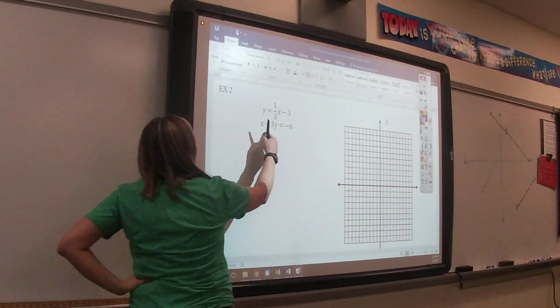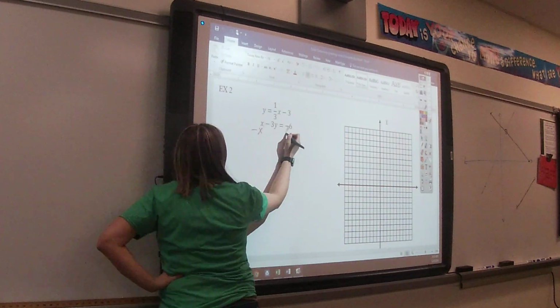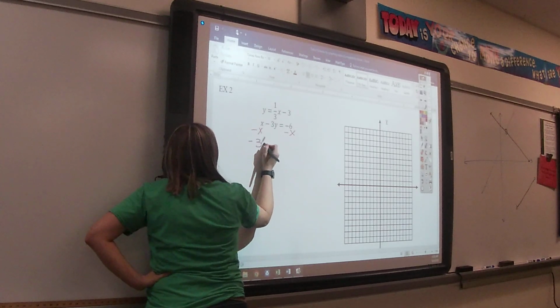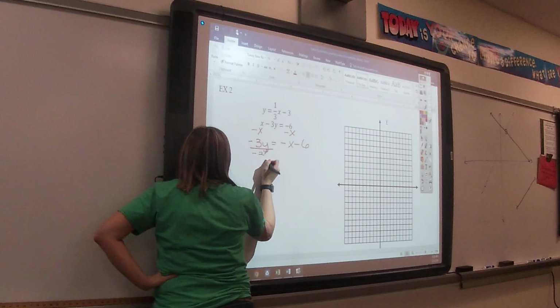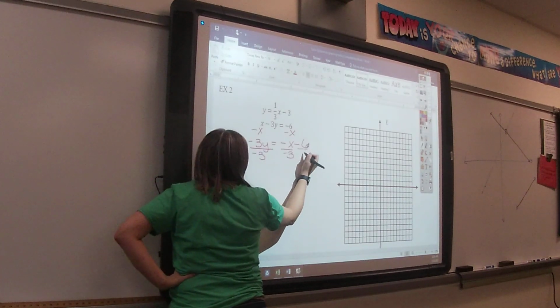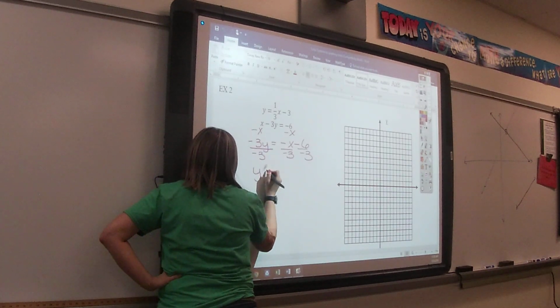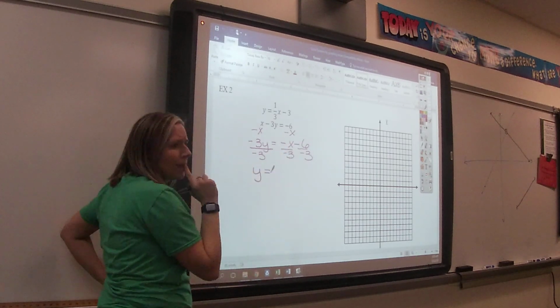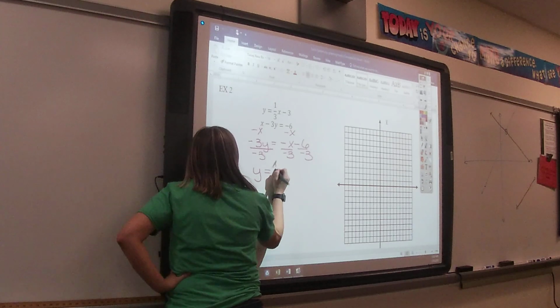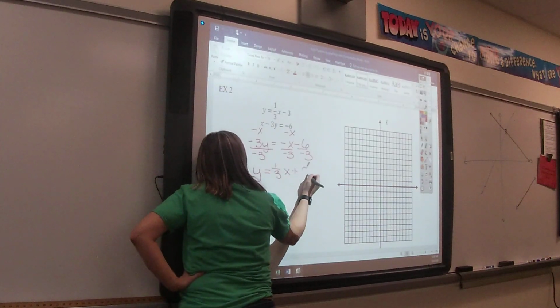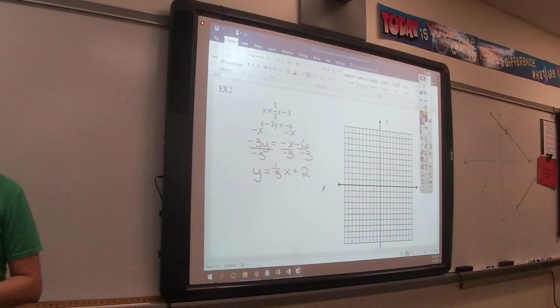I can only enter it if it's solved for y. Two negatives make a positive. So what number's in front of that x? 1/3 x. Perfect. Plus 2.